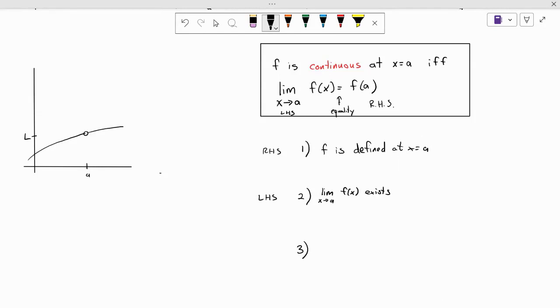Whereas the left-hand side says how the function behaves around a, the right-hand side says what the function actually does at a. Continuity must have this equality that says how the function behaves around a must match what the function does at a.